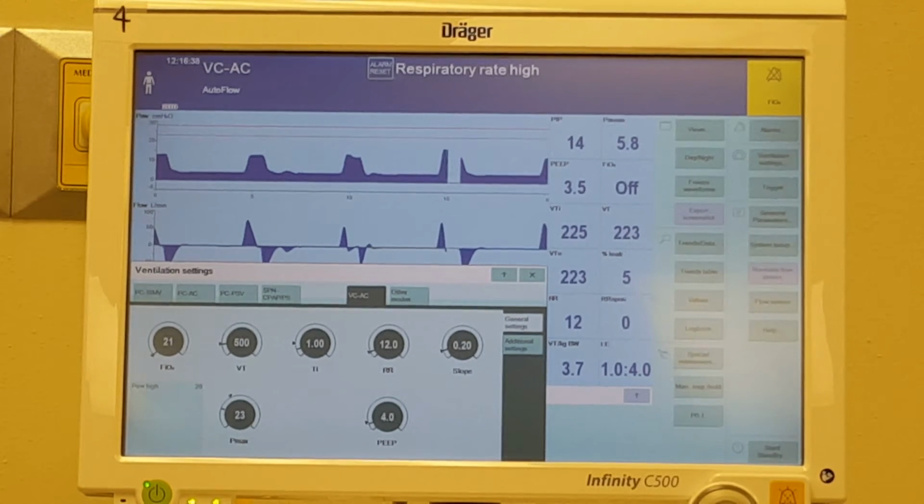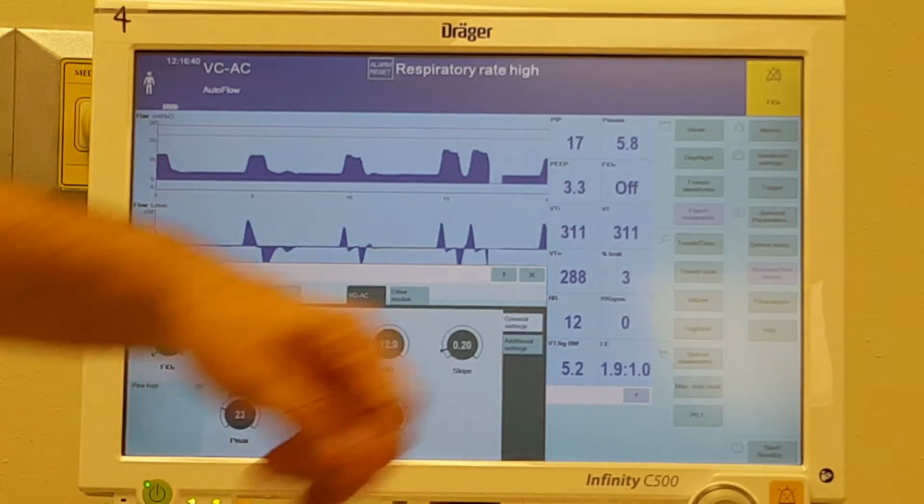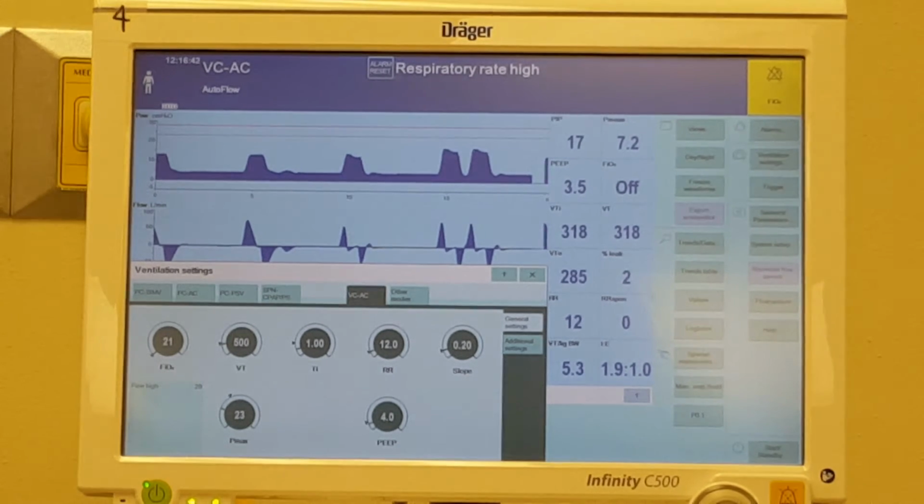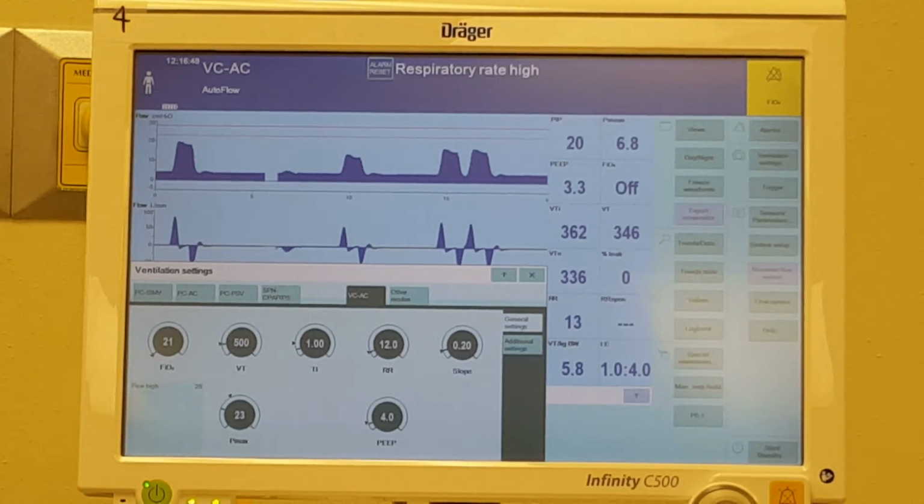Volume fell by half. Now we can see pressures are starting to go up. 17, they were 14, 17, 20, 19. What's happening?